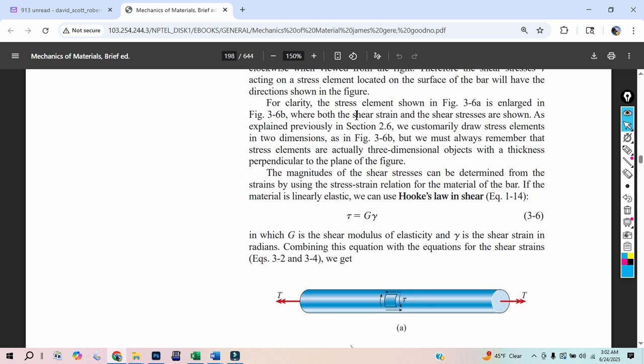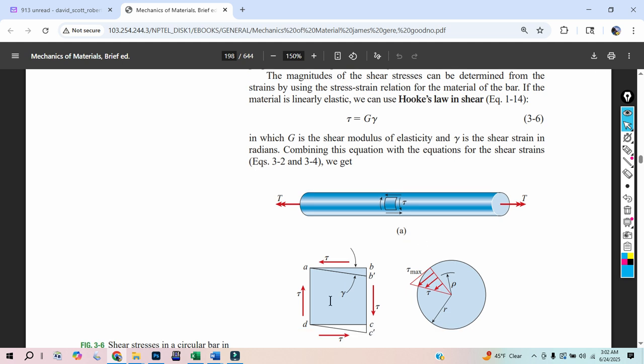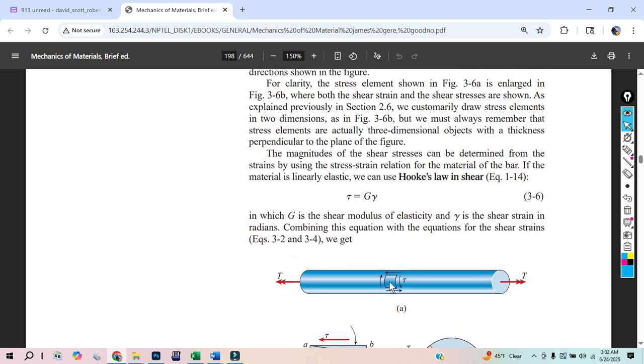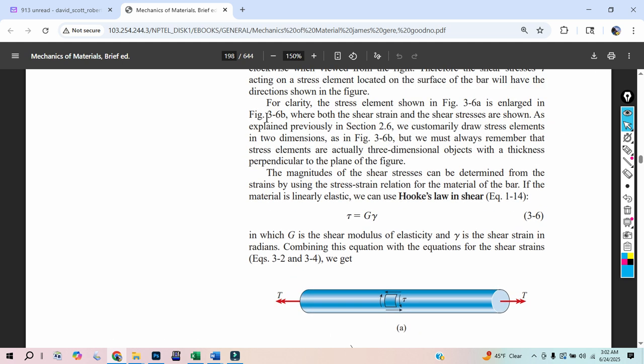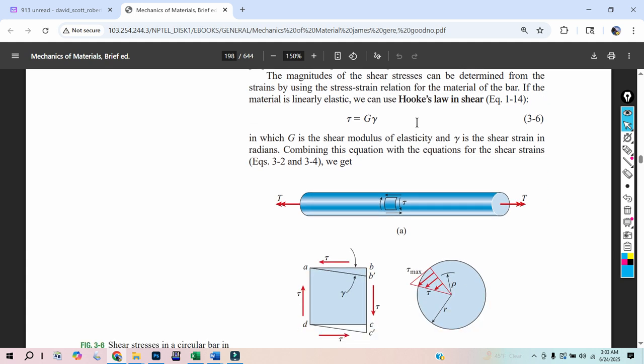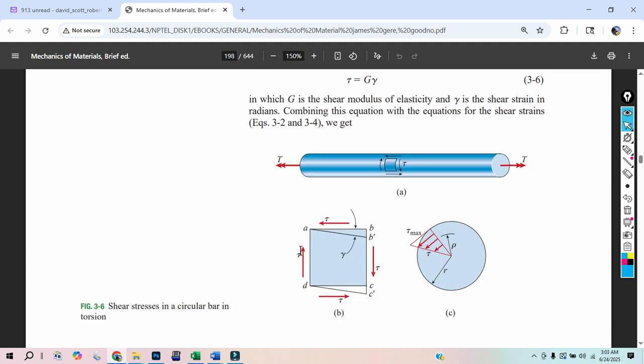For clarity, the stress element shown in figure 3.6a, this little square, we're going to enlarge it right here just so we can see what's going on. That's going to be figure 3.6b, where both the shear strain and the shear stresses are shown. So we have this tau, this tau, this tau, this tau. Even the fact that we have 4 arrows, I graduated without really understanding why you have 4 arrows.